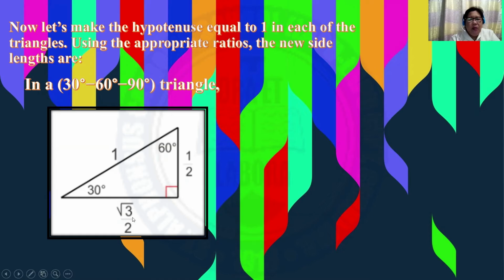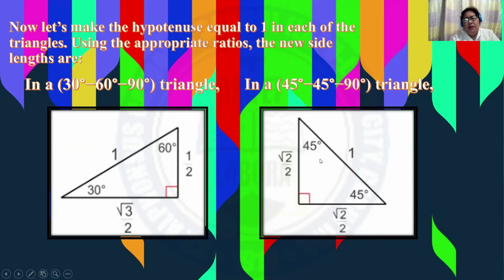This side is square root of 3 over 2, opposite to the 60-degree angle. And the hypotenuse is now equivalent to 1. In a 45-45-90 triangle, the opposite of 45 degrees is square root of 2 over 2, and also the other side is square root of 2 over 2 because the hypotenuse is equivalent to 1.